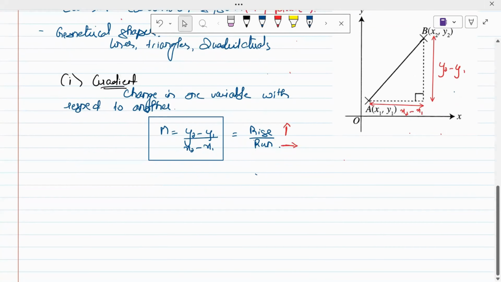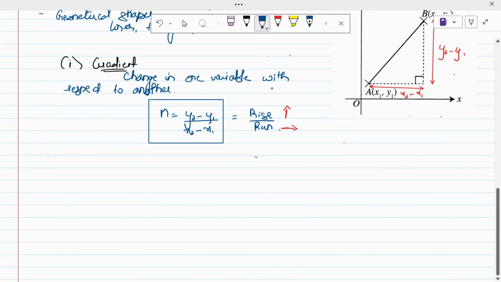For example, you have the 2 points A and B given as, let's suppose, A (2, 4) and B, the second point, (6, 12), and you have to find the gradient of AB.